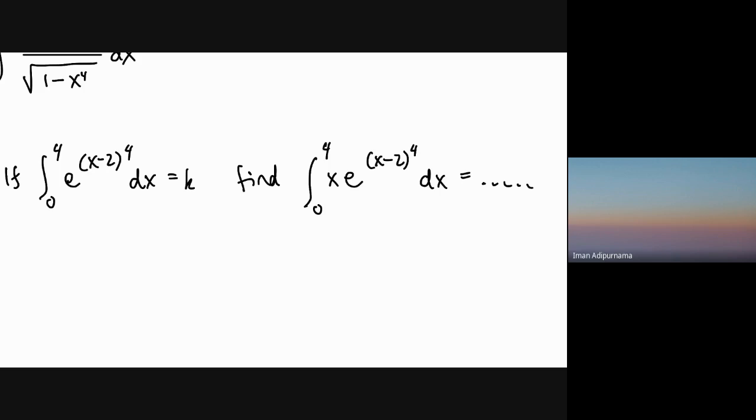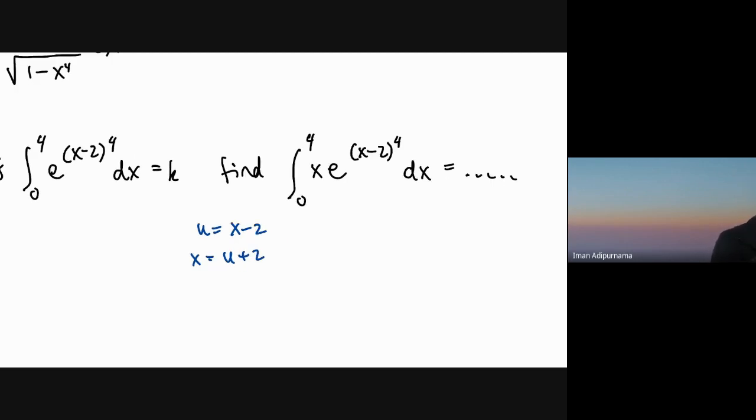But since we haven't yet been introduced to that in this class, let's just keep using the substitution method. So if we let u equal x minus 2, we have x equals u plus 2, right?